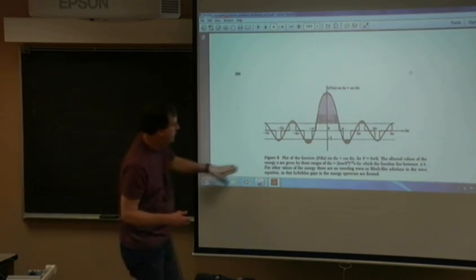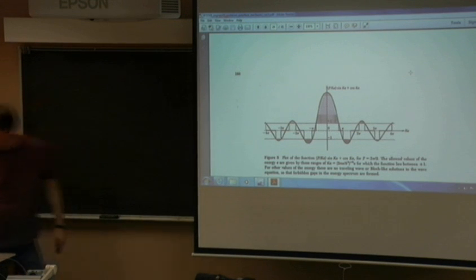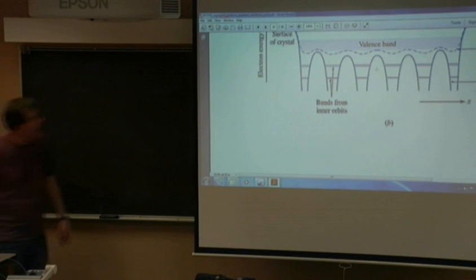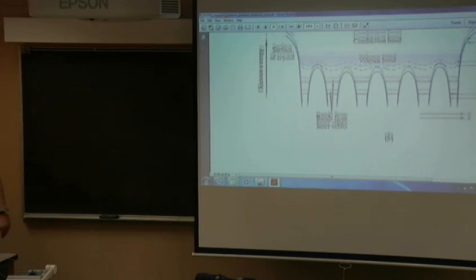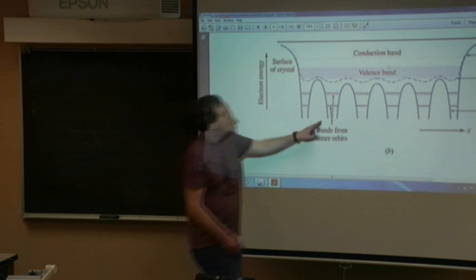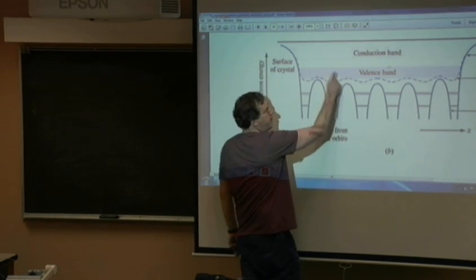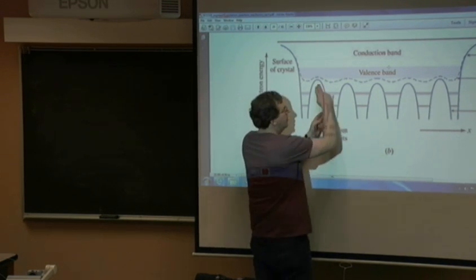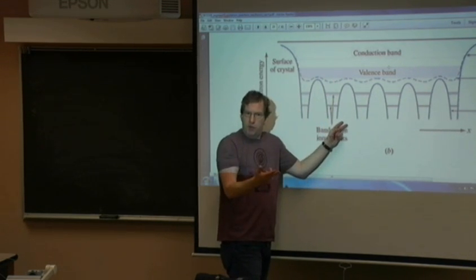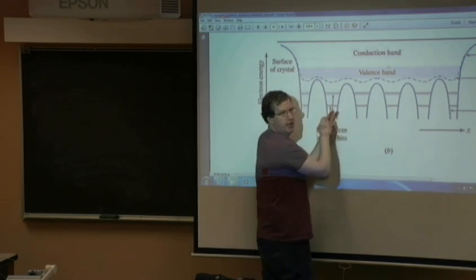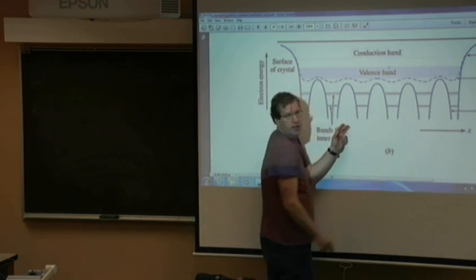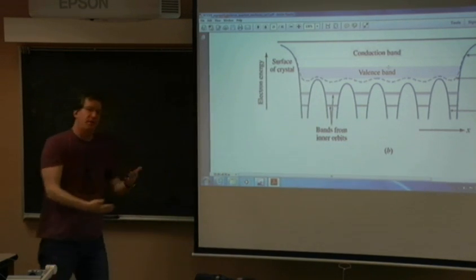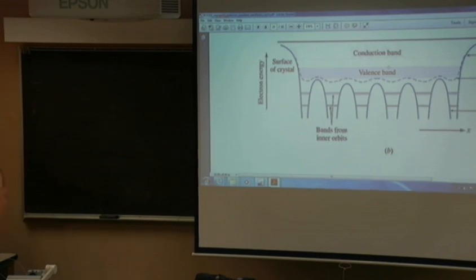Now this is actually not it, but you can imagine that going through the crystal, if these are the different atoms, the wave function would be peaking right where the atom is, because that's where the valence electrons are. So I'd have certain harmonics of the wave function that would be expressed, and anything that was asymmetric would probably be destructively interfered with traveling through that crystal. That's basically what it is.